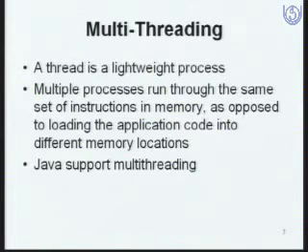Multiple threads run through the same set of instructions in memory, as opposed to loading the application code into different memory locations. Java supports multi-threading, and because of this, it can do various operations simultaneously.